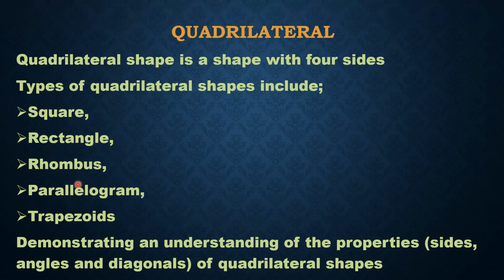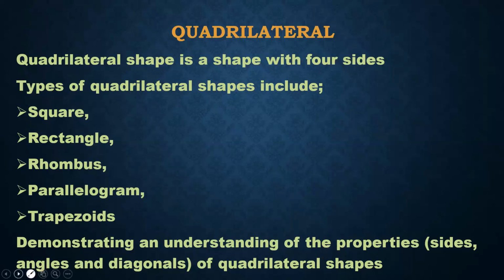We will demonstrate an understanding of the properties, using the sides, angles, and diagonals of quadrilateral shapes. So we are going to use the sides to compare, or the angles to compare, and their diagonals, to draw the lines between the listed quadrilaterals here.